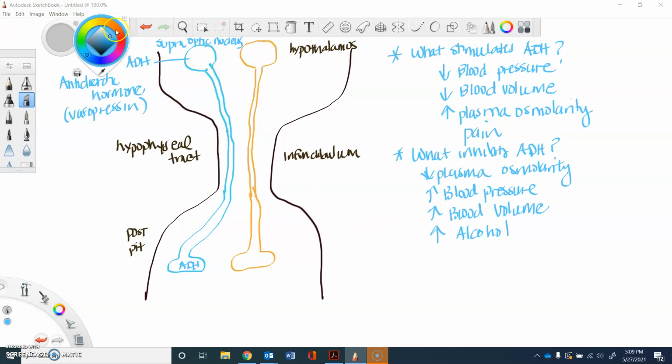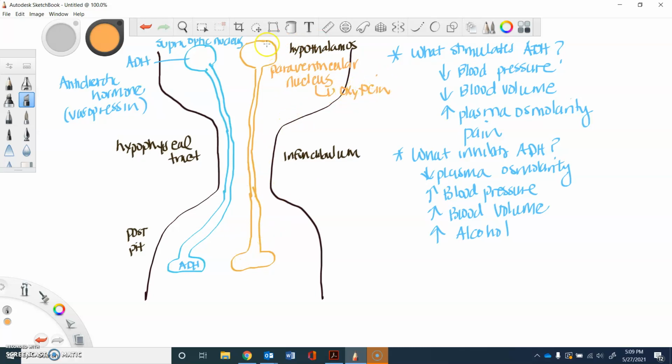This next nucleus is called the paraventricular nucleus. And the paraventricular nucleus makes oxytocin.